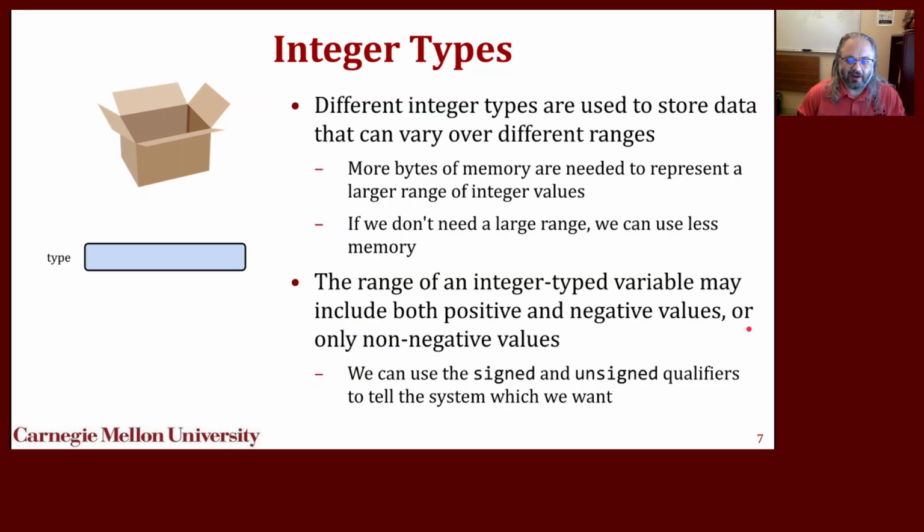We can also have special qualifiers on our integer types that say, if I only need non-negative integers, I can tell the system that I want what is called an unsigned integer. That gives me twice as much range because I don't need to store negative values.